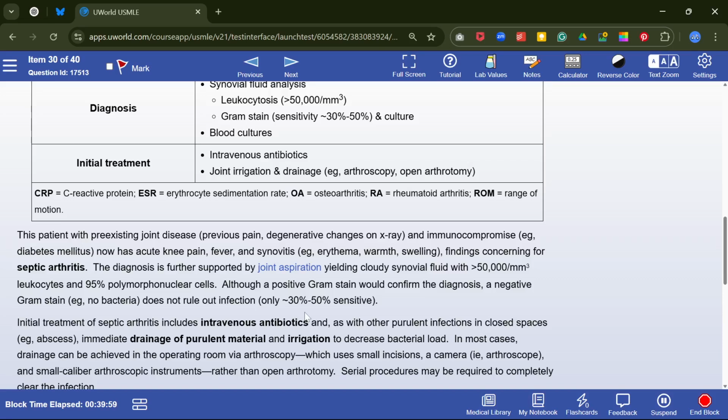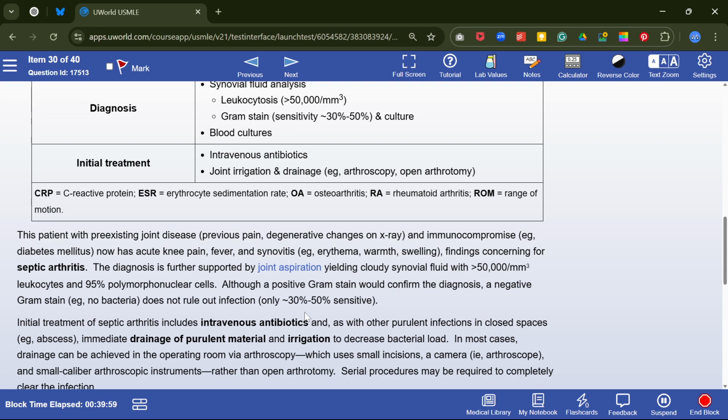This patient with pre-existing joint disease, previous pain, degenerative changes on X-ray, and immunocompromise from diabetes mellitus now has acute pain, fever, and synovitis, erythema, warmth, swelling, findings concerning for septic arthritis.